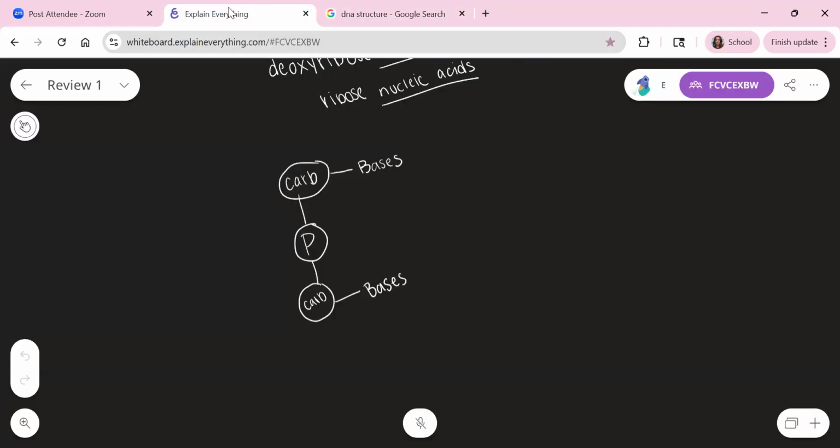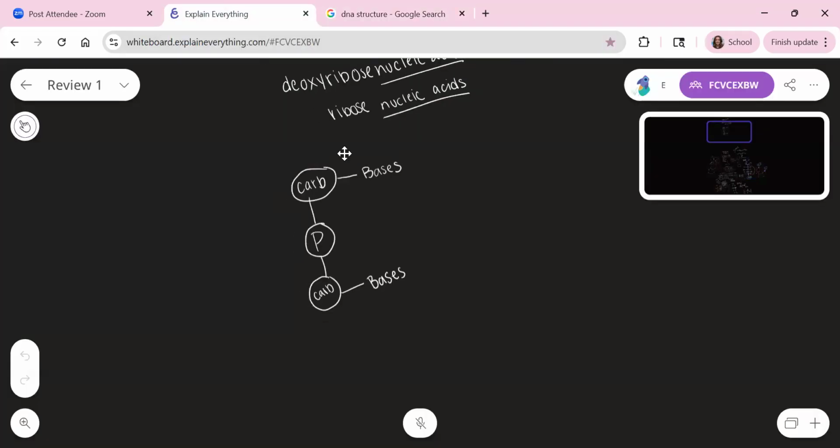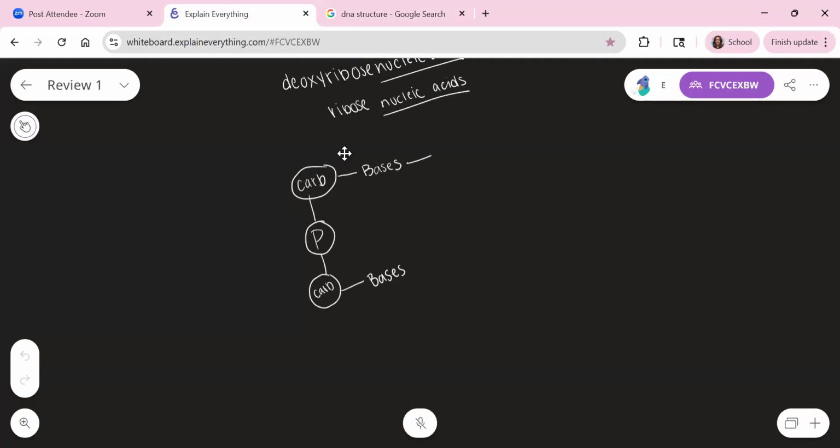So if I go back here, I have a base, which hydrogen bonds, which I'm actually going to write like this, with another base. And then this is connected to a carb phosphate. I'm just going to write C in here. It's not carbon, carb, C, and a base right there.